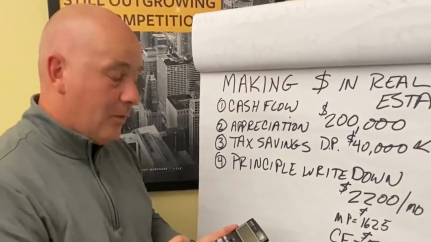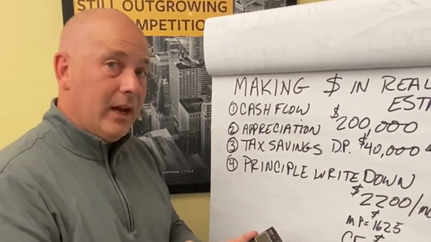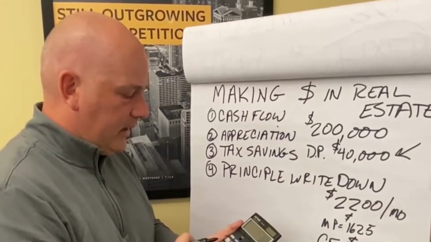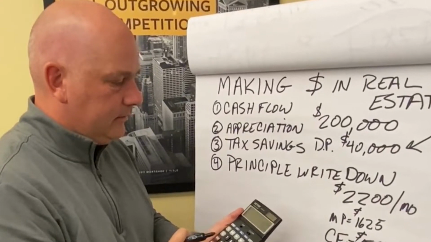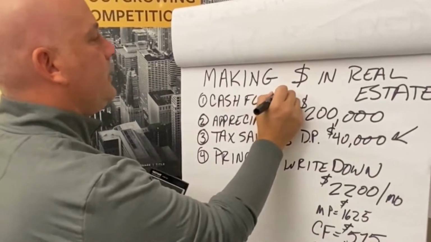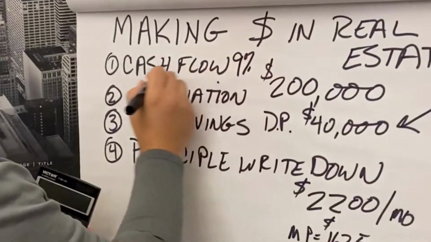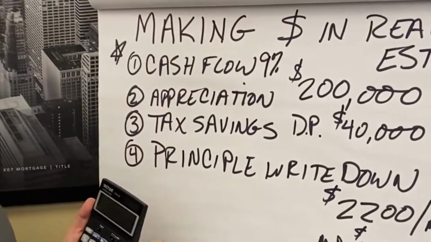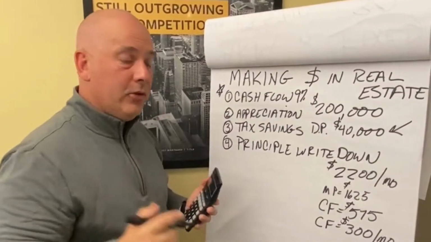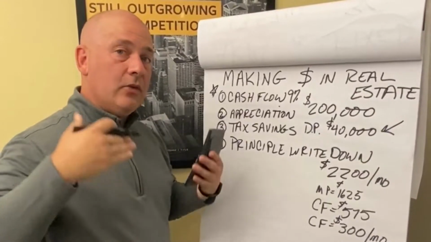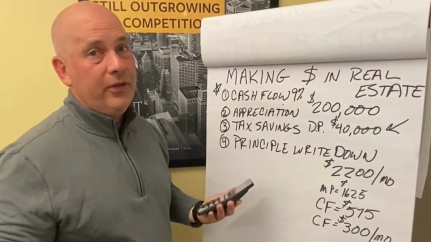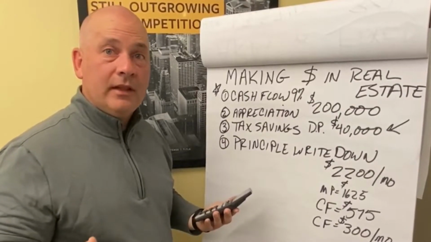Okay, so now let's figure out what your annual return is. 300 times 12 is $3,600, divided by your $40,000 down payment is a 9% return under cash flow. One done. The next step is to calculate our appreciation. Appreciation is how much the value of the house goes up over time. In general, the standard rule of thumb is about 1% above inflation.